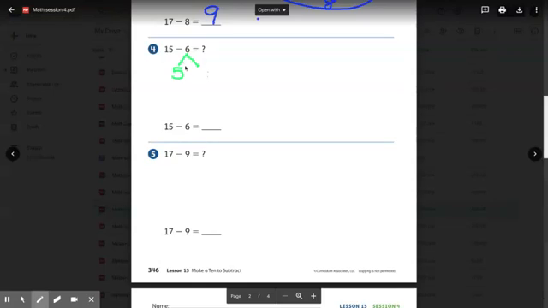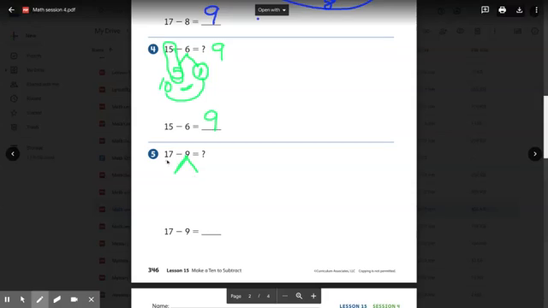I know that to get to 10, I have to jump 5, because 15 minus 5 is 10, just like what we used to do. And then there's 1 here to finish the number bond. Okay, so 10 minus 1 more is 9. 15 minus 6 is 9. I hope this looks familiar when we had to make a 10. All right.